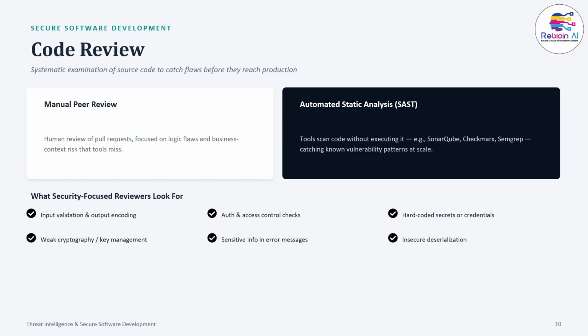Example: a tool might not notice that your code lets any logged-in user view any other user's private messages just by changing a number in the URL. But a sharp human reviewer thinking about how the feature is supposed to work would catch this immediately.